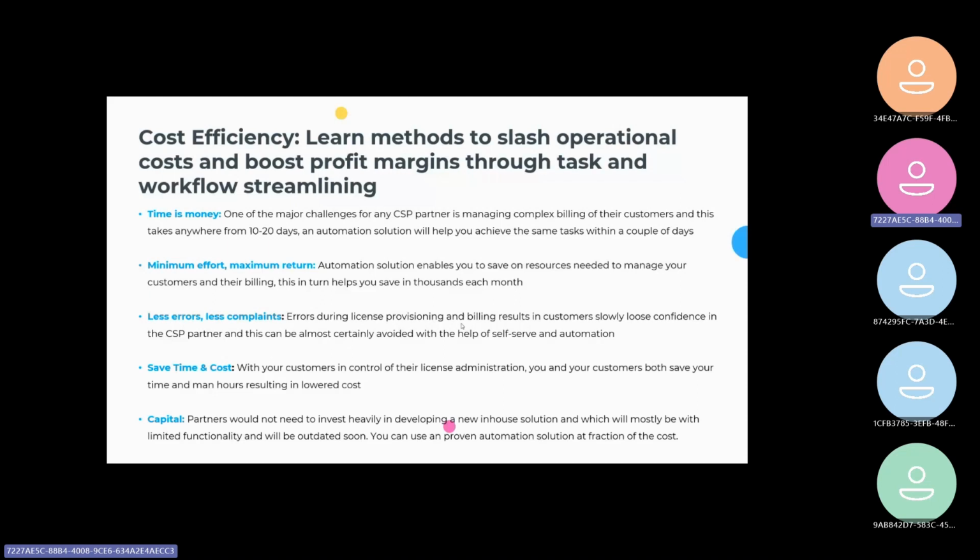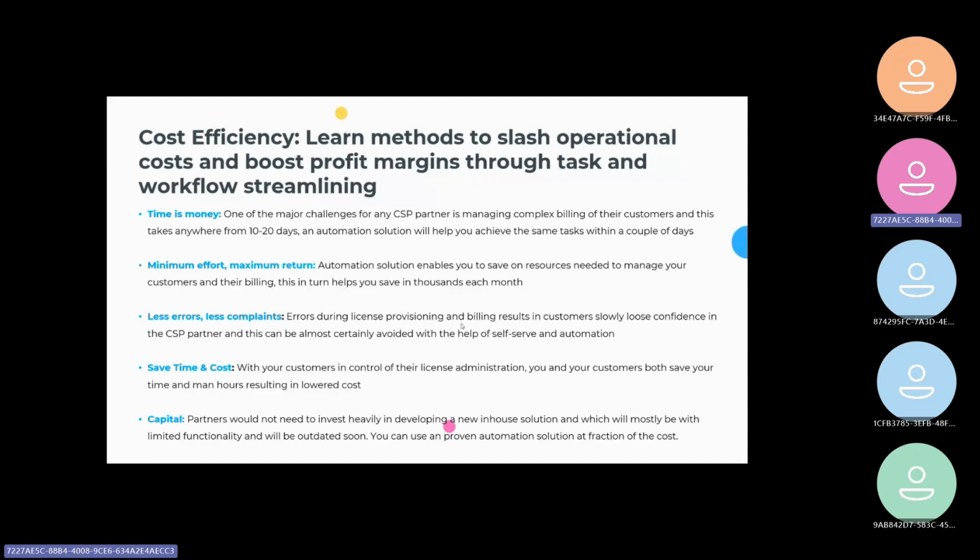Eventually, anywhere between 10 to 20 days is needed by each CSP partner to bill their customers properly. This also includes a lot of back and forth with your customers. With an automation solution, you can achieve all of this within a span of a few days, a couple of days, in fact.